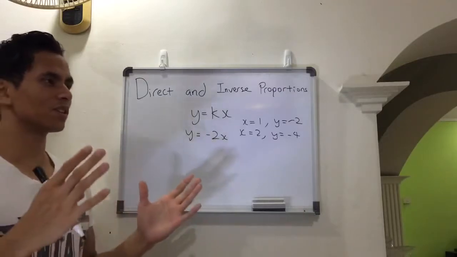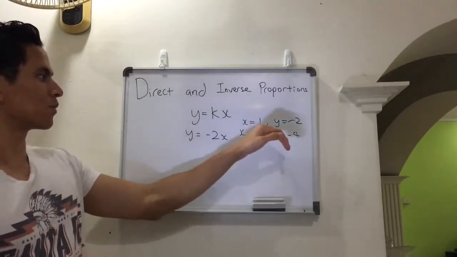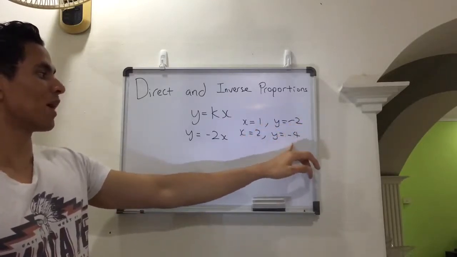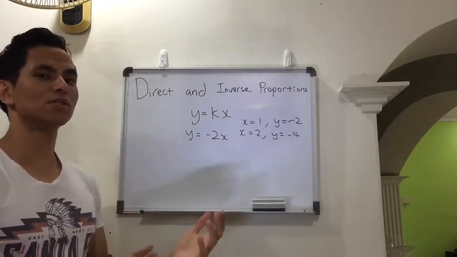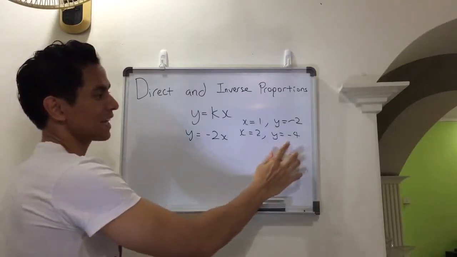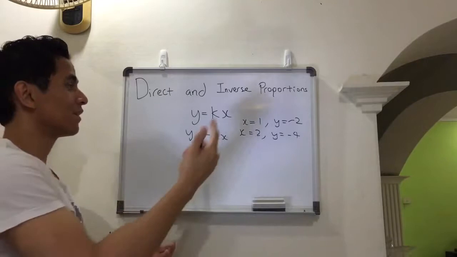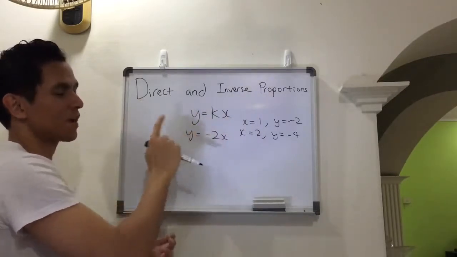So think about it in absolute terms. 4 is greater than 2, so the value of y is going up along with x, although not exactly up because of the negative sign. So don't get confused by that, but just know that for direct proportions, when x increases, y increases.